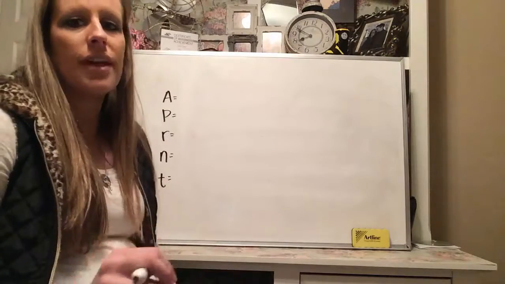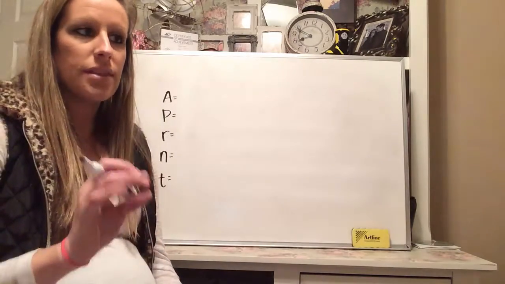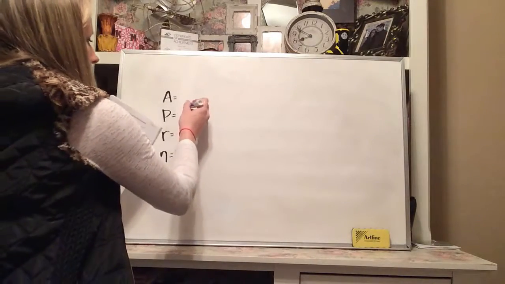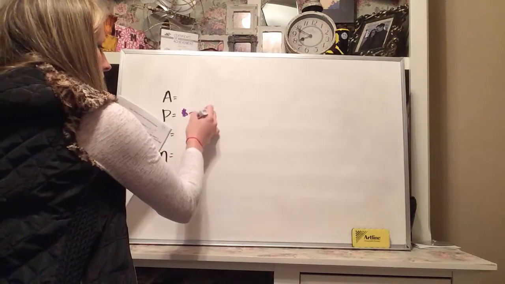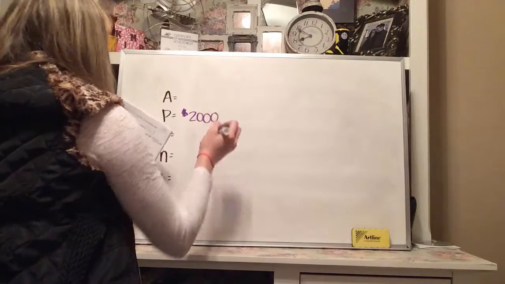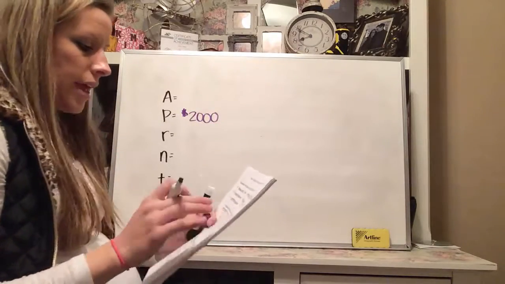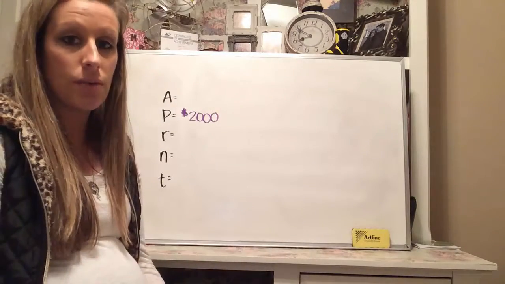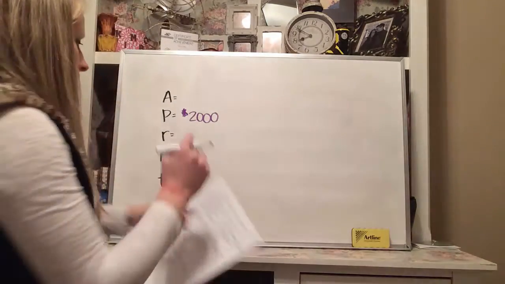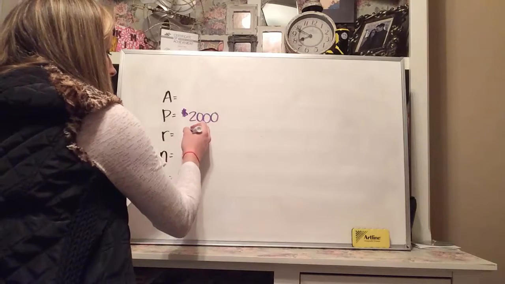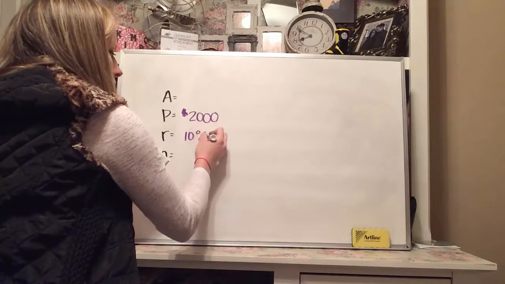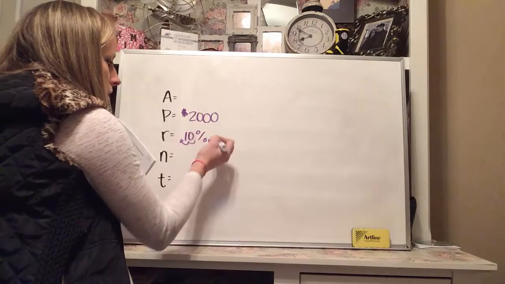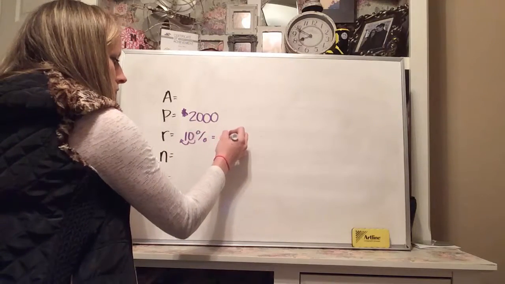If she invests $2,000, that's what she's putting in. That's our initial amount. So the $2,000 would be our principal, our P. In an account that earns 10%. 10% is our rate. Now we have to change that 10% to a decimal. So to do that, you take your decimal and you move it to the left 2 spots. So it's 0.1.